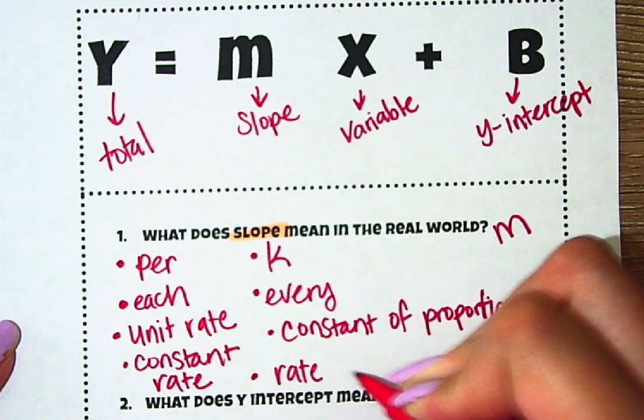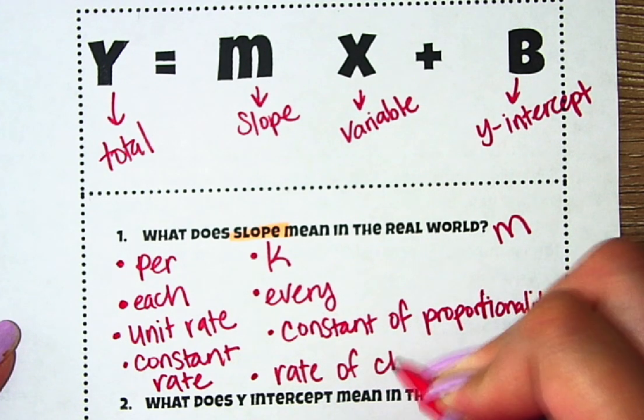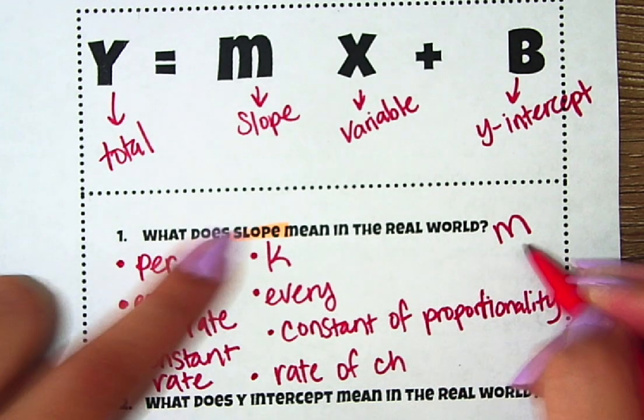So all of these words are going to represent your slope, your m.